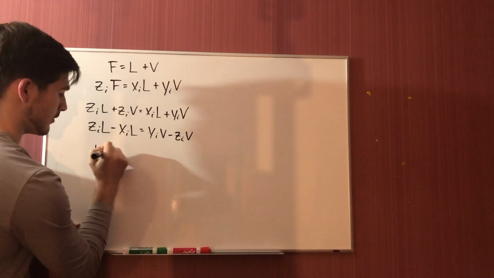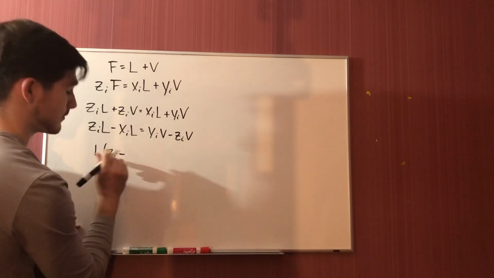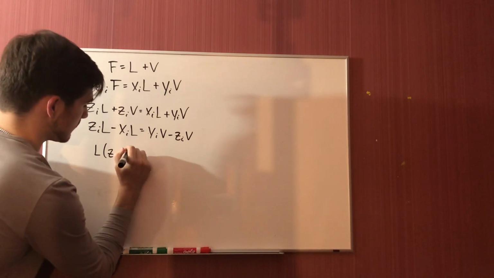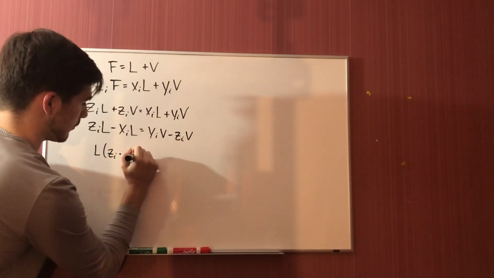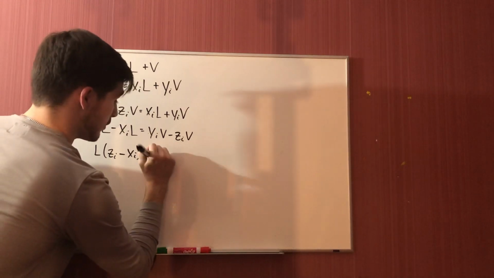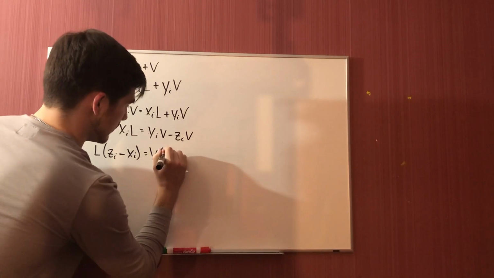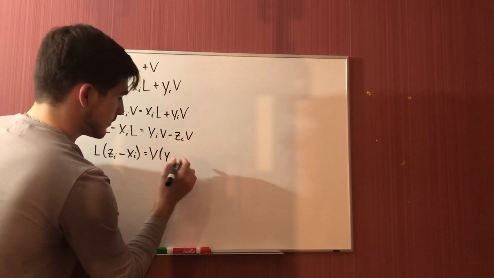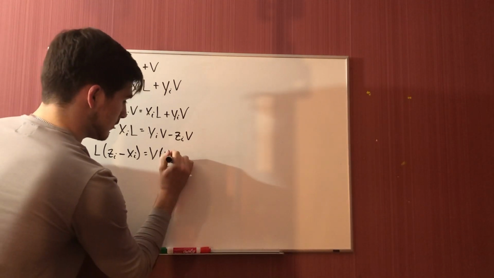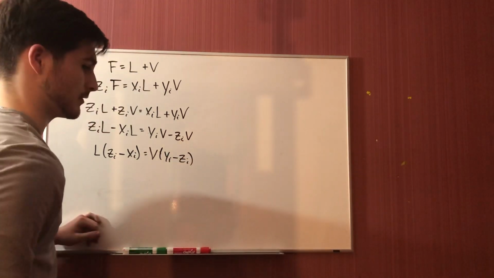Now from here we can factor out L and V. So the total number of liquid moles times the percentage of I minus the liquid molar ratio of I is equal to the total number of vapor moles times the vapor molar ratio of I minus the percentage of I in the system.